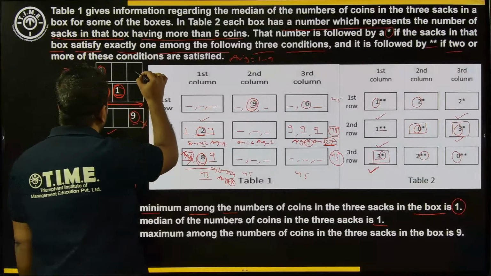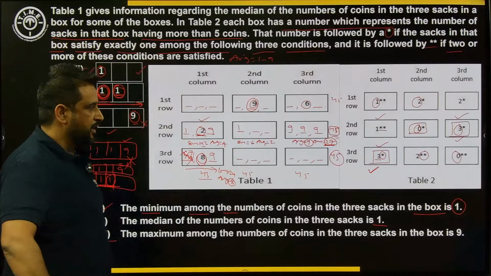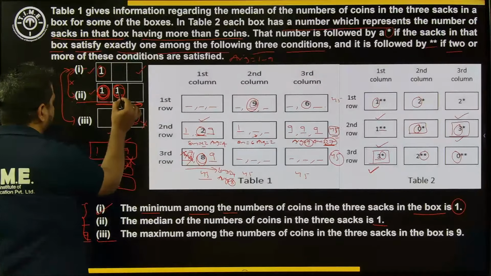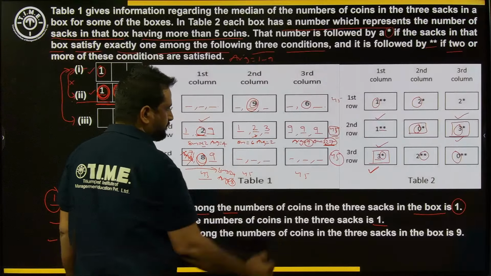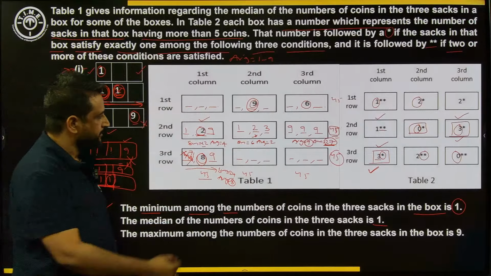So definitely it is satisfying the first condition, and this number will be 1. If that number is 1 and the middle number is not 1, as we already discussed, then the only possibility is 1, 2, 3 with sum 6. No other combination is possible. Oh, fine. It is over.